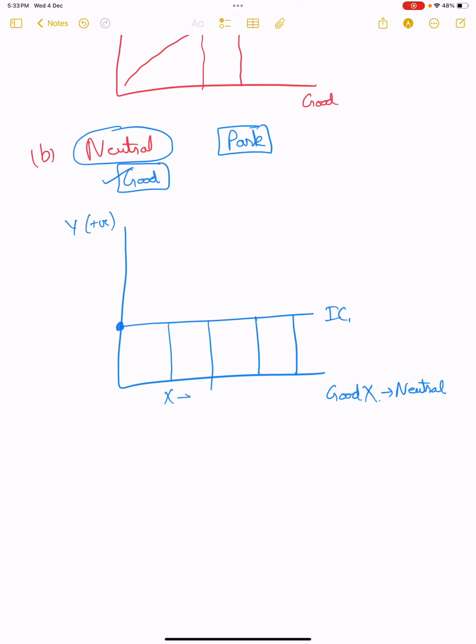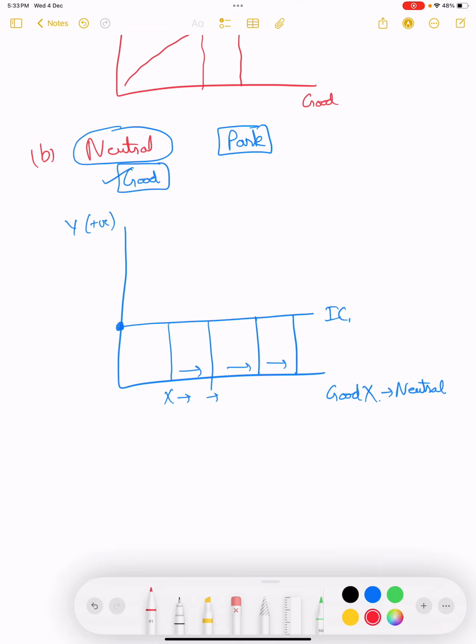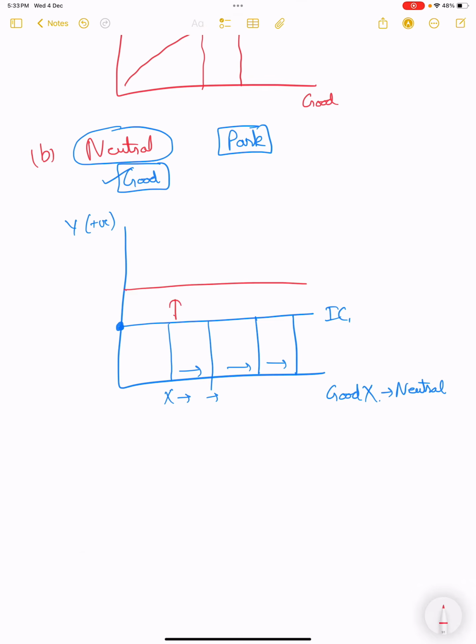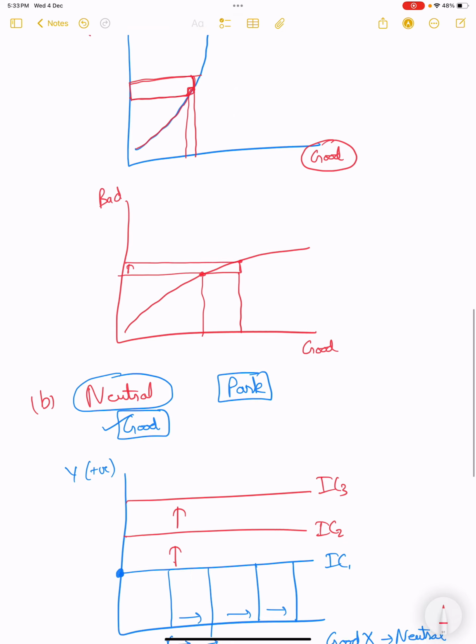So even as the good x is increasing in this direction, the utility level remains the same because the individual is only concerned about the consumption of y. IC2 would show a higher indifference curve, IC3 would show a further higher indifference curve.